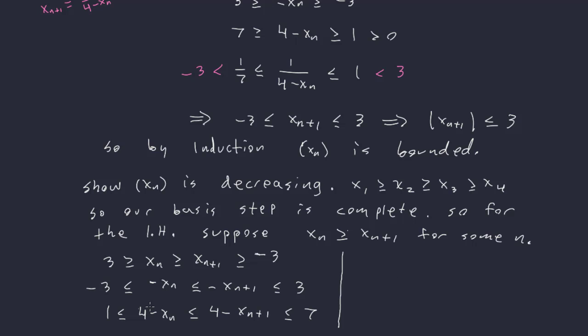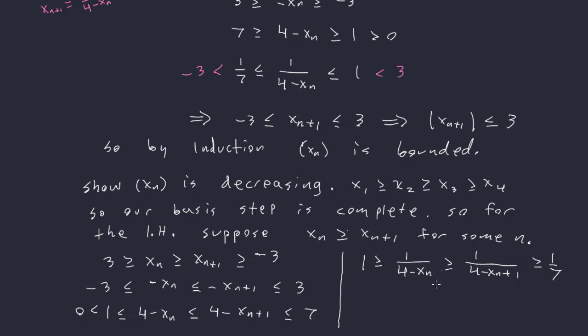Okay, so then, now I'll flip everything over. And remember, we can only do that if it's positive. It's all positive. And we flip the signs. So now we have that 1 is greater than or equal to 1 over 4 minus xn, which is greater than or equal to 1 over 4 minus xn plus 1, which is greater than or equal to 1/7.